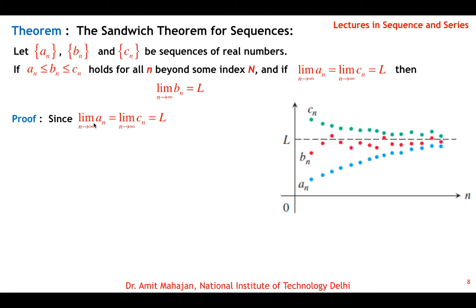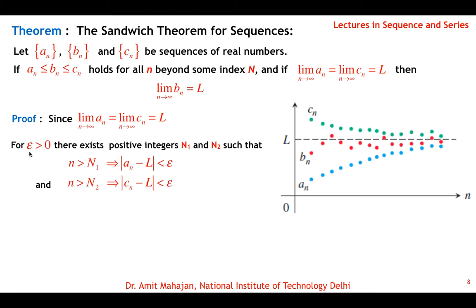Since sequence a_n is convergent to L and sequence c_n is convergent to L, by the definition of convergence, for every positive epsilon there exist positive integers n1 for one sequence and n2 for the other sequence, such that for all n greater than n1, the a_n's lie within epsilon distance from L, and for all n greater than n2, the c_n's lie within epsilon distance from L.